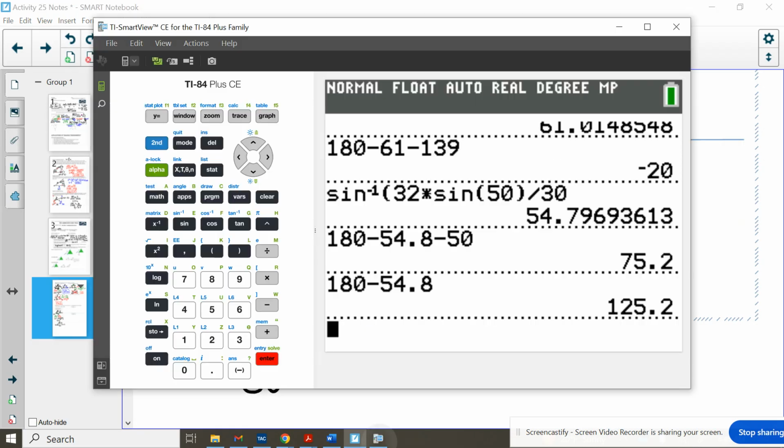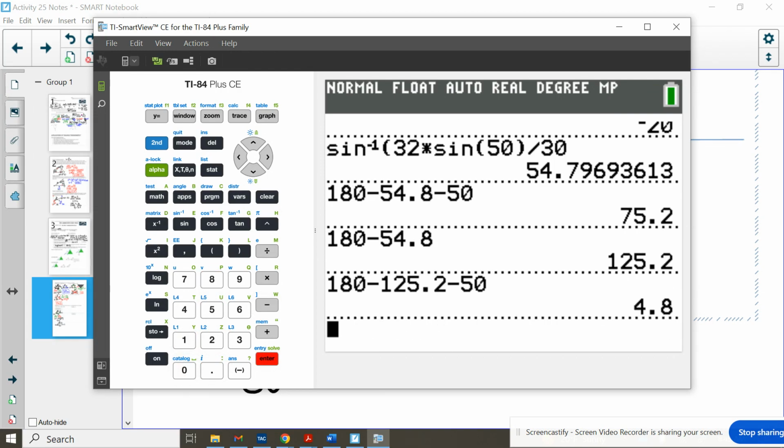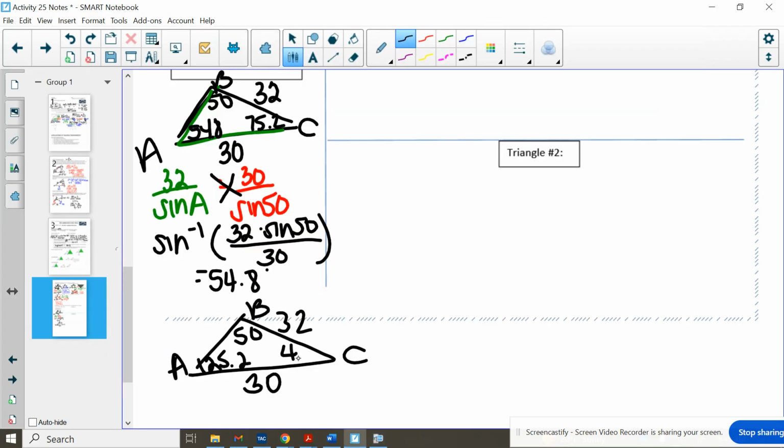Now this is still small enough if we take 180 minus the supplement minus the given angle that we can't change, the 50 degrees. It's tiny, but angle C is going to exist on this one. It would be about 4.8 degrees.